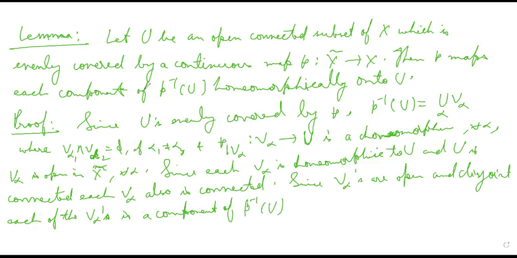So it means that these V alphas are components of P inverse U, and these components are homeomorphically mapped onto U. So this completes the proof.